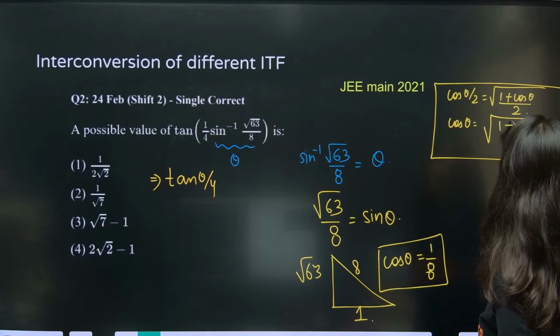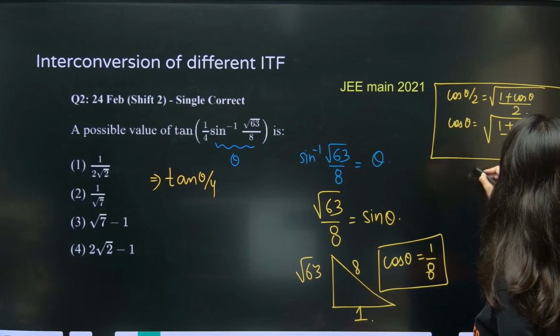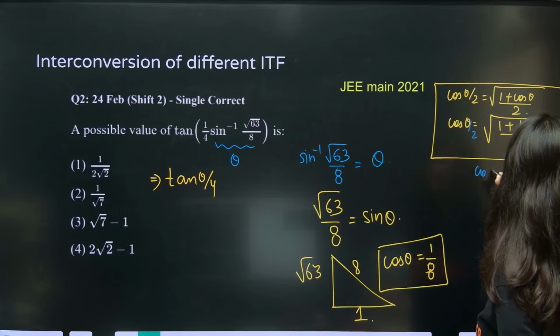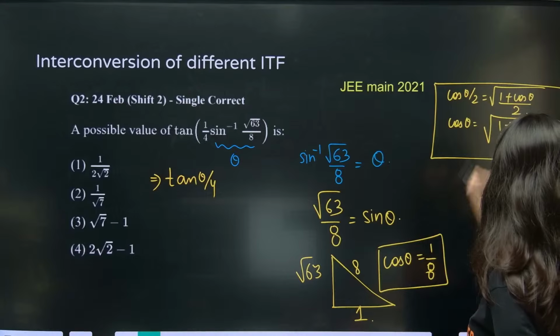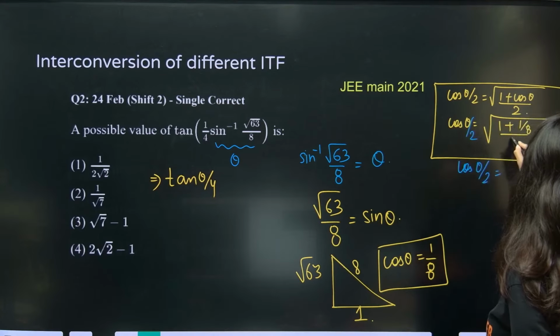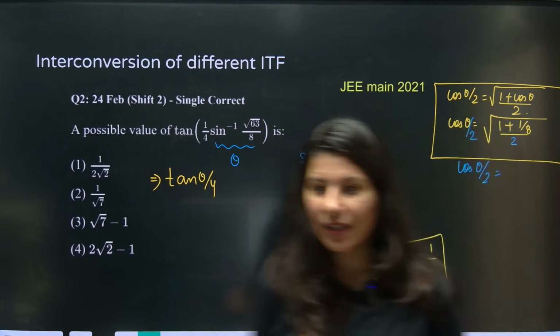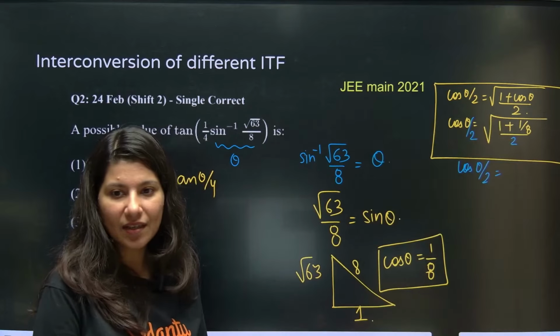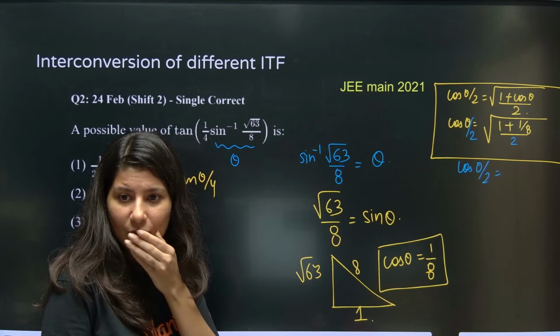Square root of (1 plus 1 by 8) upon 2. So from here your cos theta by 2, tell me. Ma'am, it is going to be 9 by 16. Have I done something wrong over here?